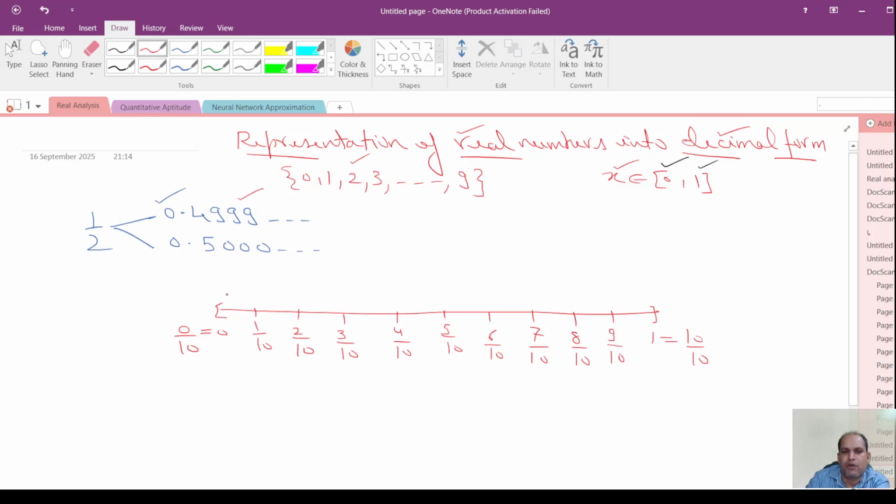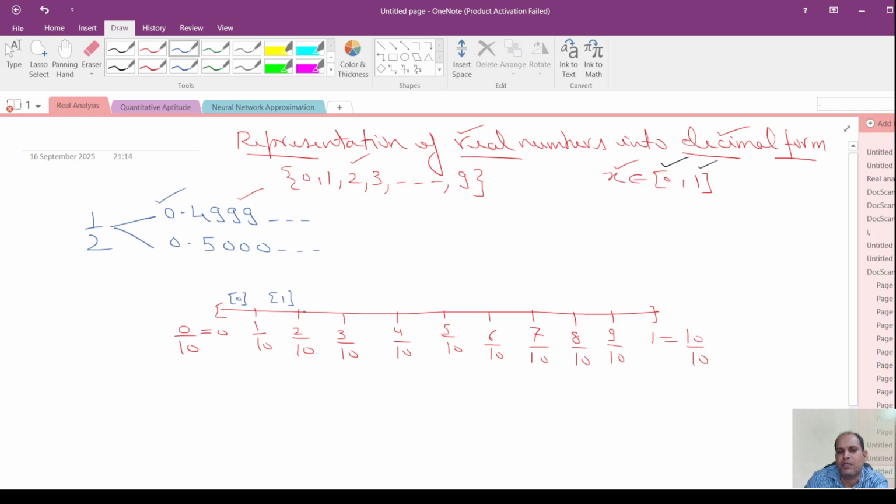Let us label each one of these. If any real number is between 0 and 1 by 10, then we will label it by digit 0. If any real number is between 1 by 10 and 2 by 10, we will assign the digit 1.